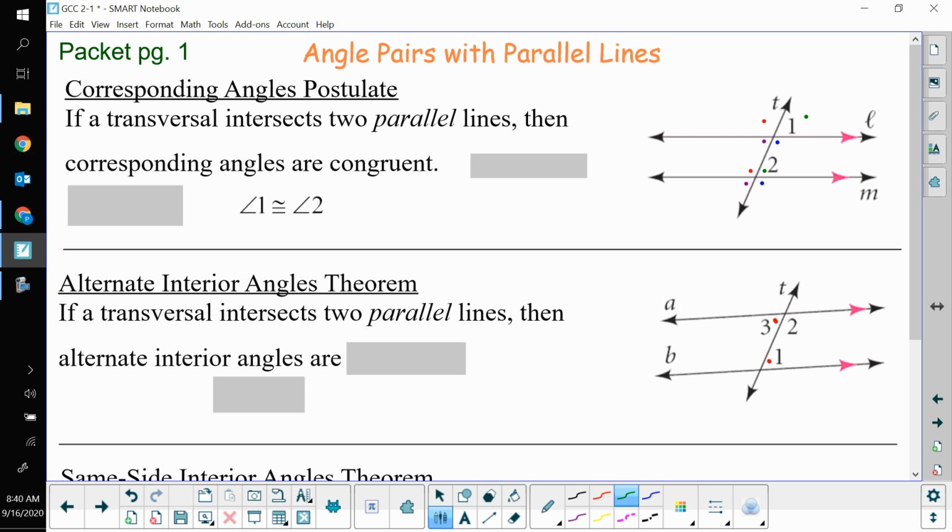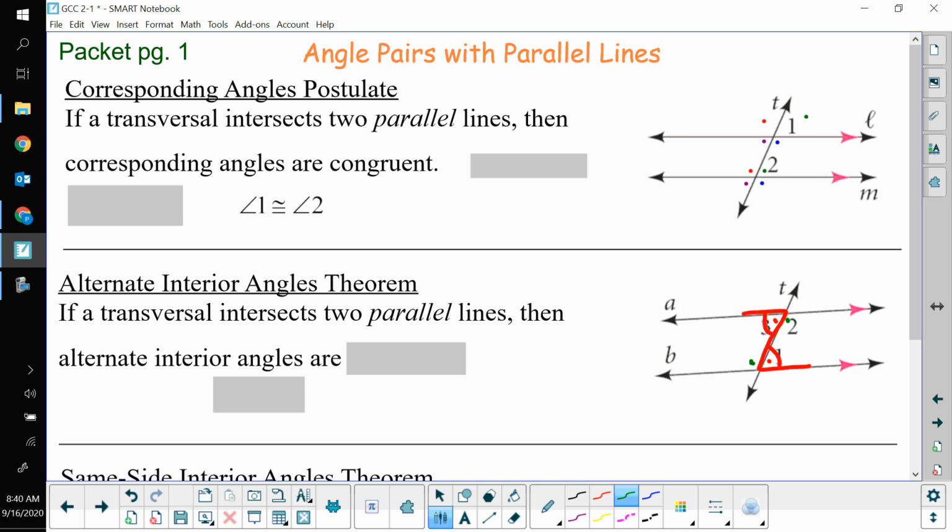The other set of alternate interior angles would be these 2 green angles. One of the ways to help identify alternate interior angles is to do a zigzag. If I do the zigzag going this way, the angles of the zigzag are the alternate interior angles.